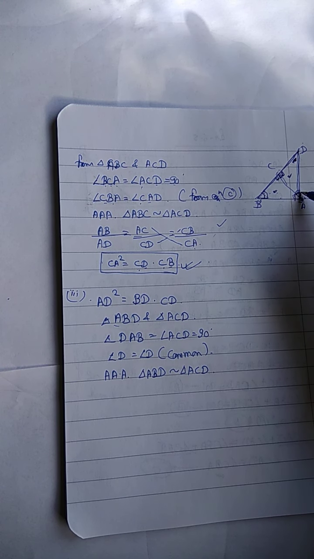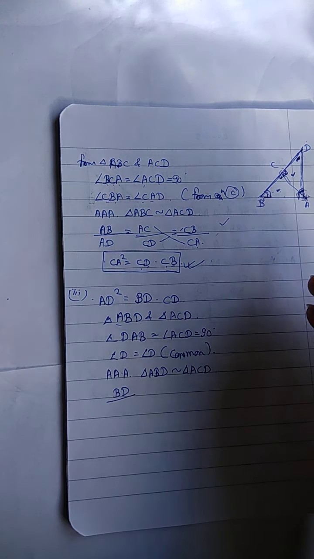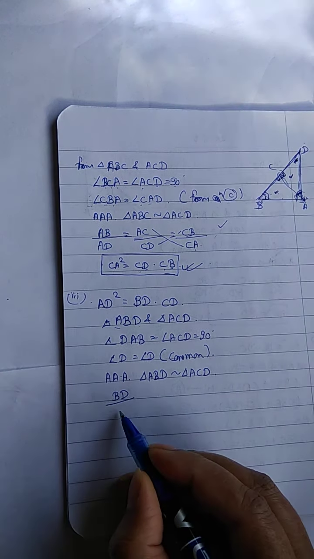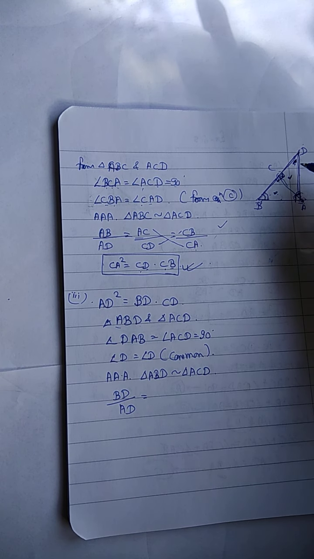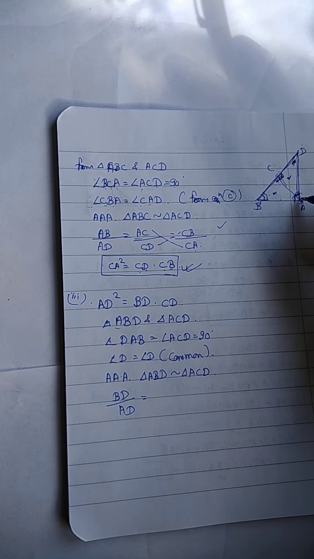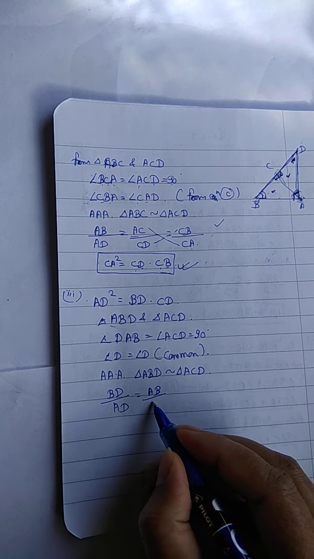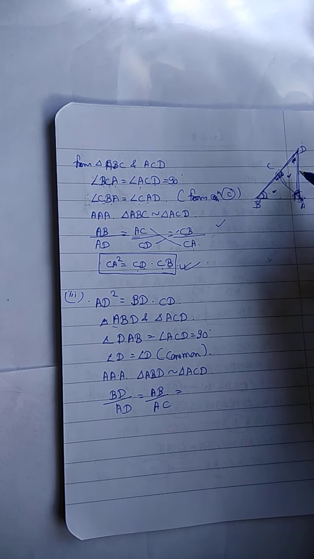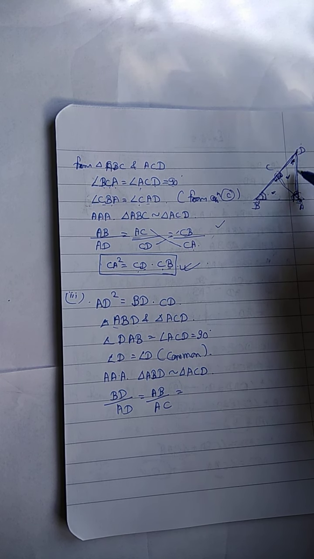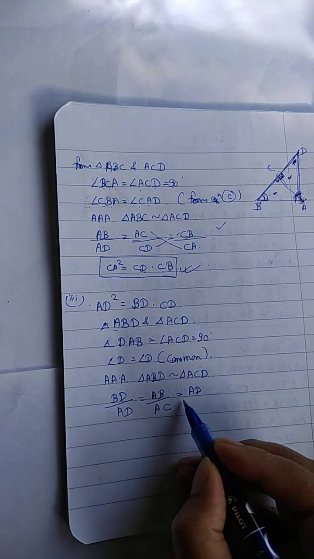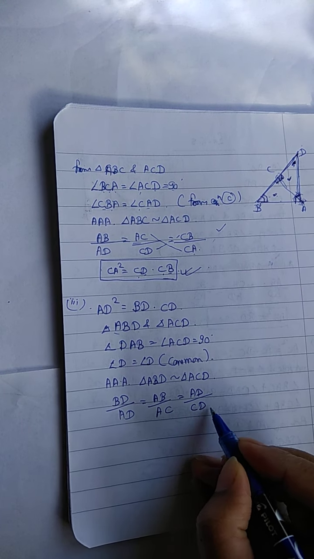In this big triangle, angle A is 90 degree, so BD by AD equals, angle D is common, so AB by AC equals the third angle, AD by the third angle of this, means CD, right?